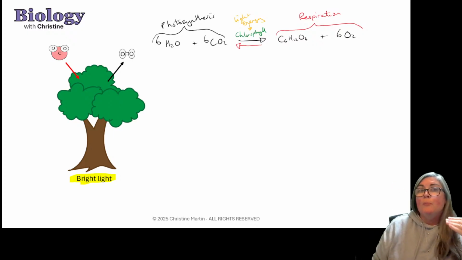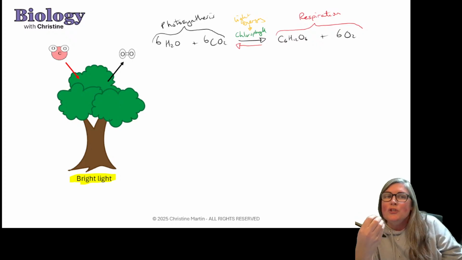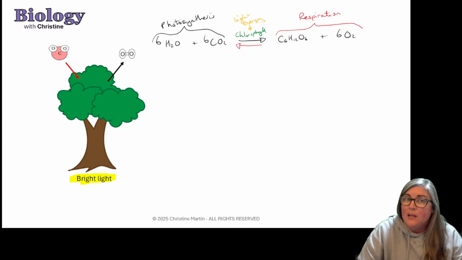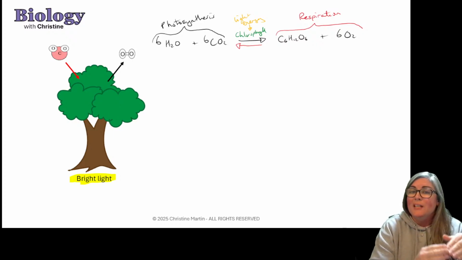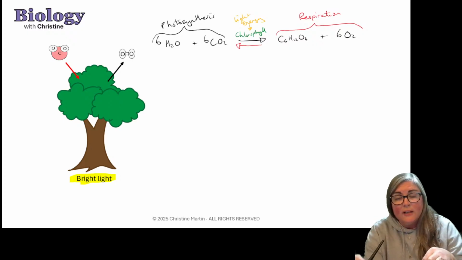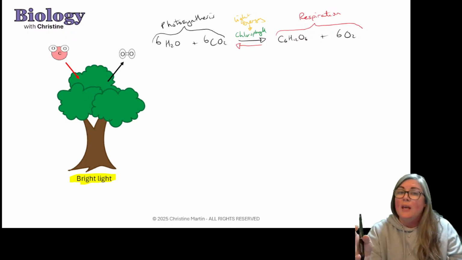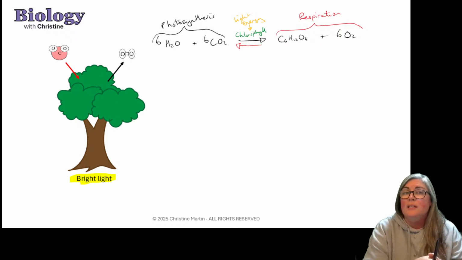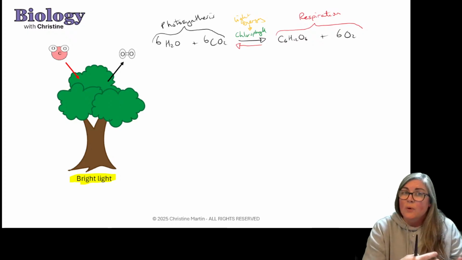So because we're in bright light, that therefore means that there is extra carbon dioxide being absorbed from the atmosphere, and therefore the rate of photosynthesis is greater than the rate of respiration. If more carbon dioxide is coming in than going out, that means the carbon dioxide coming in outweighs that which is going out.